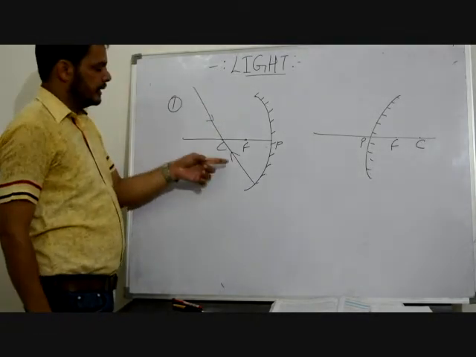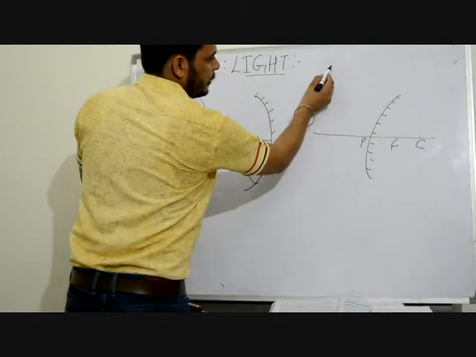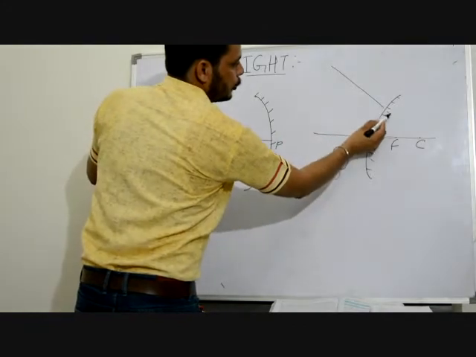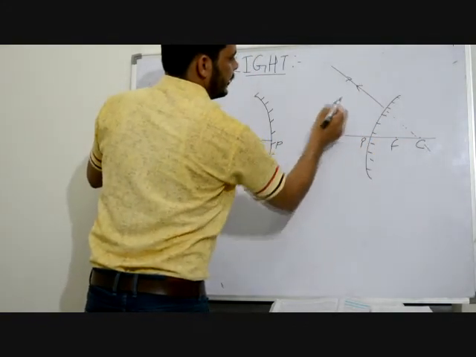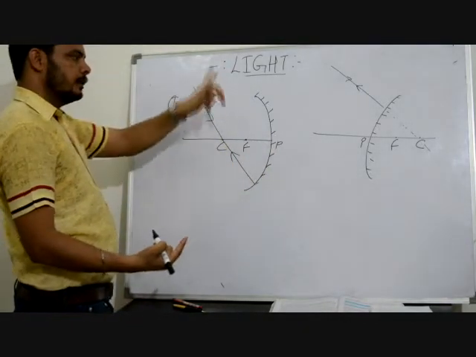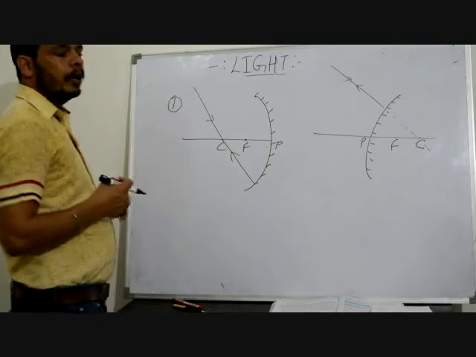It is also known as retracing its path. Any ray which is directed toward the center of curvature will be reflected along the same line. So it is said that it retraces its path.